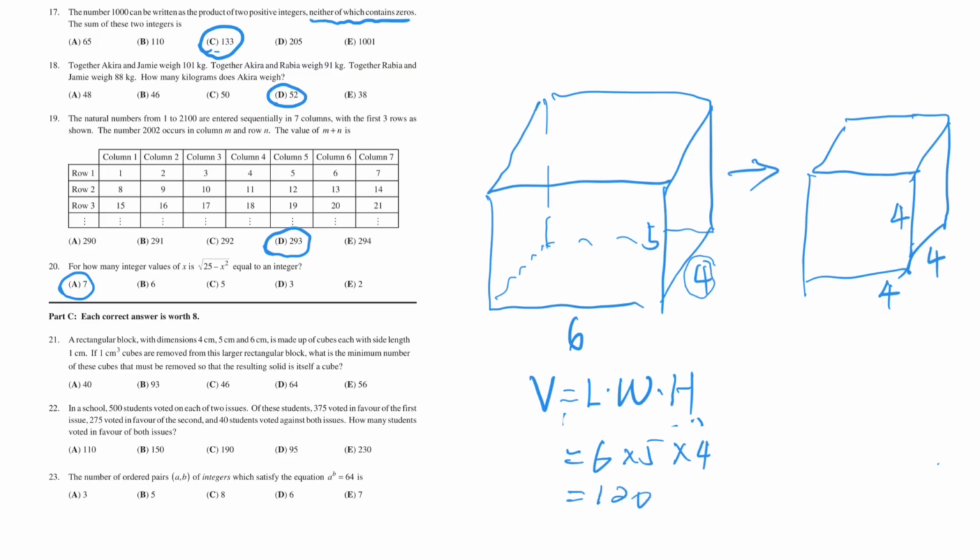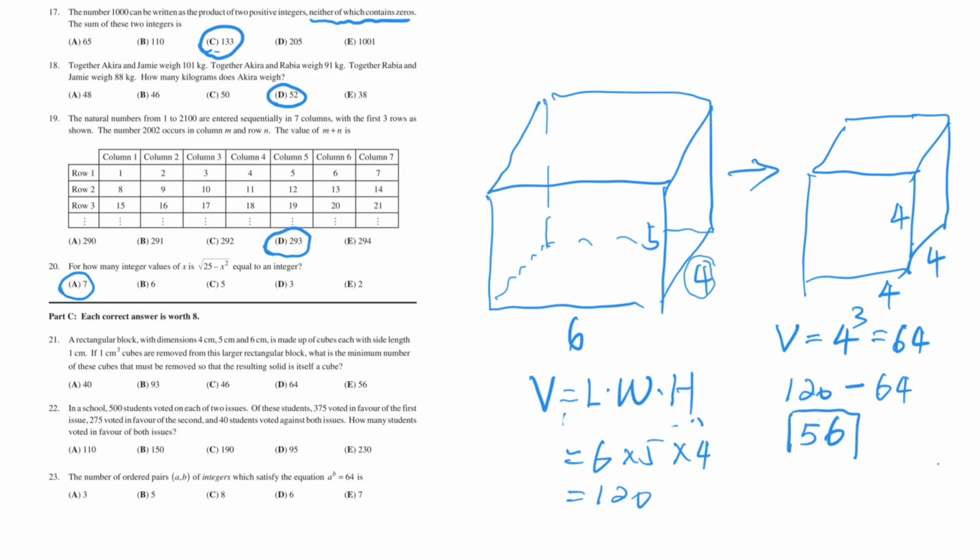For the new one, the remaining volume is the cube volume, that's 64. How many cubes are removed from figure 1 to figure 2? That's 120, and just 64 is left. So the difference is 56.